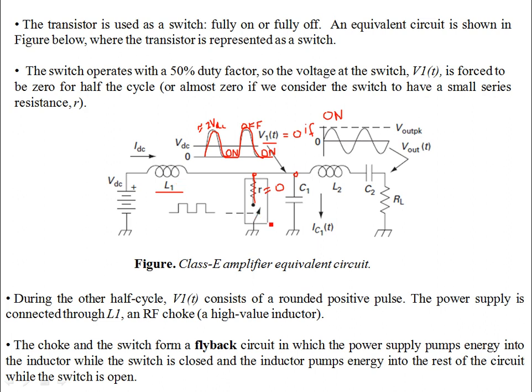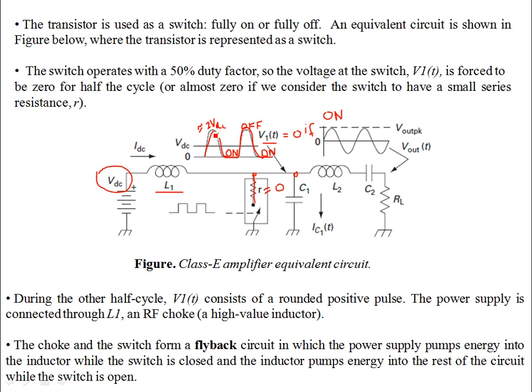Once the switch is open, no current flows through this node. The inductor, the RF choke, then provides energy to the rest of the circuit, and the energy stored by L1 once the switch was closed was equivalent to the supply voltage VDC. So it supplies an equivalent voltage of VDC.